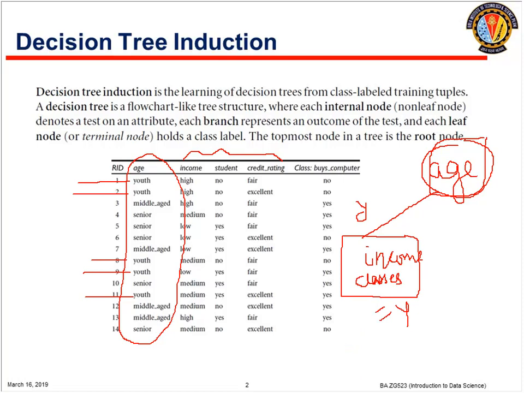Because all the examples belong to a single class, here you just output that class will be equal to yes. This is only a hypothetical example, not in this case. So we'll stop if all the examples belong to a single class at any point of time. Otherwise you'll keep on splitting until you reach a leaf node.